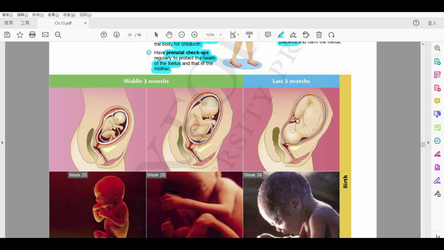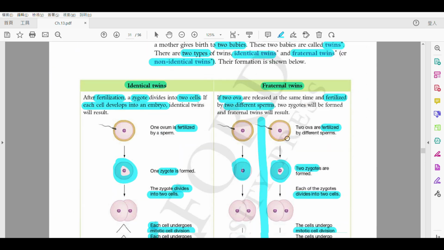The umbilical cord will make a knot and tie the neck of the baby. In this case, it's very dangerous, of course. And usually, the doctor will need to cut open the abdomen of the mother, a caesarean section, and then give birth to the baby. Okay? So this is extra knowledge.